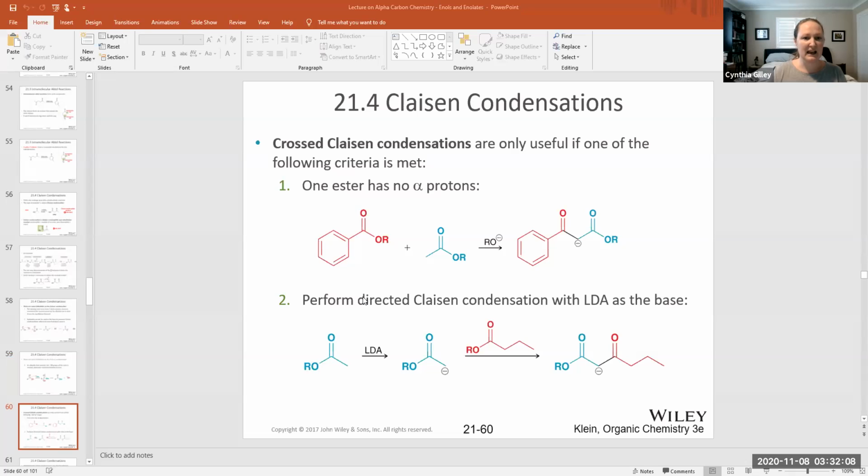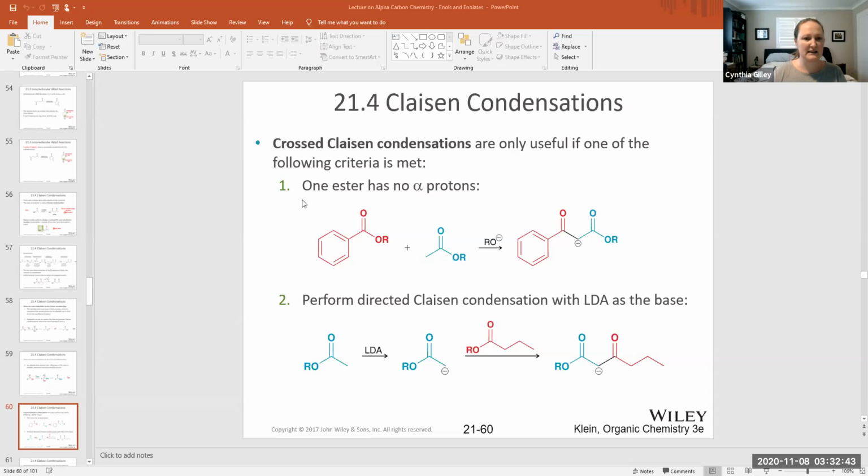Okay, just like in aldol condensation, we can also do a crossed Claisen condensation. So recall, we talked about doing crossed aldol reactions previously, and they're challenged because if you don't use careful consideration of the right conditions, you can end up with a complex mixture of products. The same would be true for our Claisen condensation. So if you don't want to get a mixture, you instead only want to get one product, then the following criteria must be met.